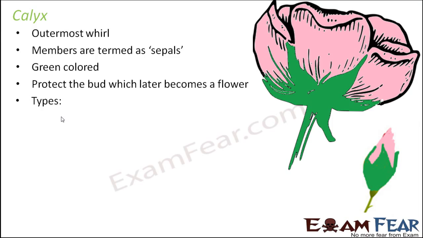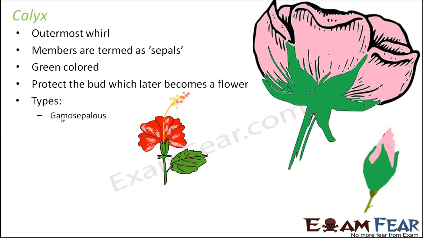Types. Now depending upon the way sepals are present in a flower, there are two types of flowers: gamosepalous and polysepalous. So these are the two types of flower. A flower can be gamosepalous or a flower can be polysepalous.